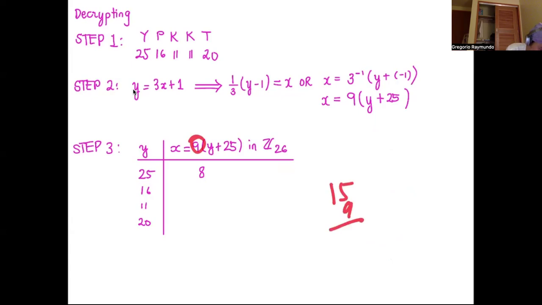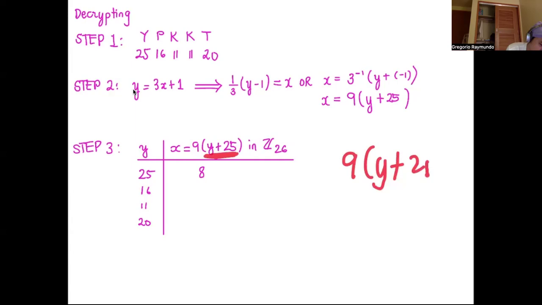15 times 9. So pwede nyo munang liitan ito. Pag naliitan nyo ito, pwede munang, kasi 9 times y plus 25 divided by 26. Pwedeng i-divide mo na ito by 26, and then pag natapos kayong mag-multiply, i-divide nyo pa in 26.